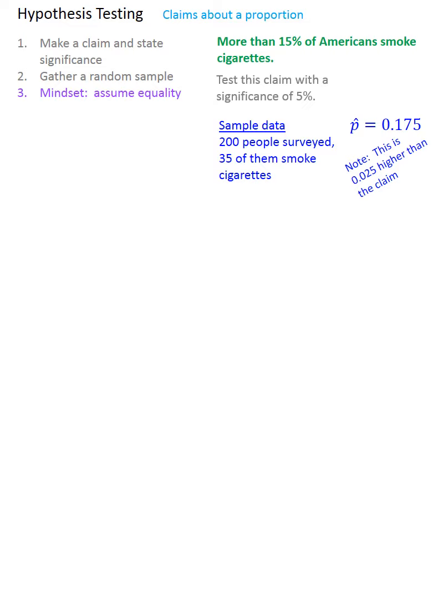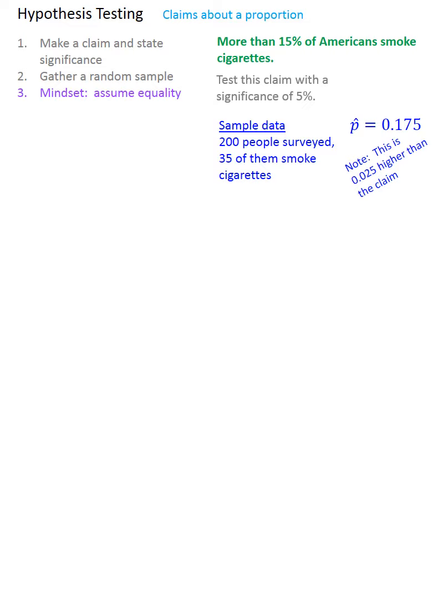In other words, if you're in a stats class and your professor's giving you a problem, there's probably already a claim and a significance in there, and the random sampling has already been done, whether that means that the professor actually did random sampling or whether it means that they just made up some numbers to act as a random sample. But we're going to jump into step 3 here, which is really the first thing you do as a student, is you assume a mindset of equality, and I'll show you what I mean by that.